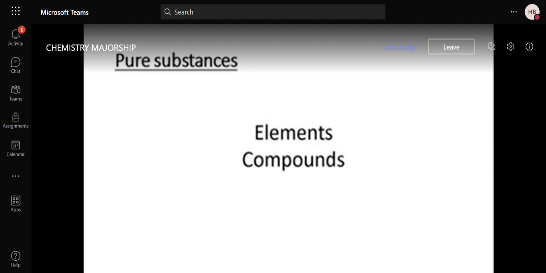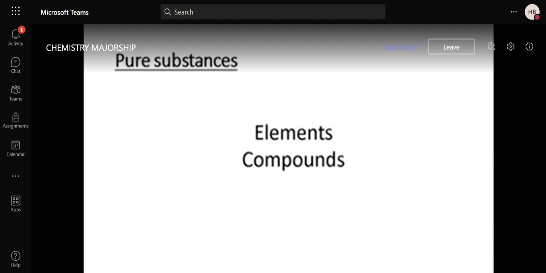Pare-pareho sila ng number of protons, which is the ID of your atom, of your element or your substance, if you remember. Right? Pare-pareho sila ng protons. Okay, so, same element yan. Okay? Walang halo. Ngayon, paano kung in-analyze mo yung molecule combination ng different types of elements? Ano tawag sa kanila? Compounds.